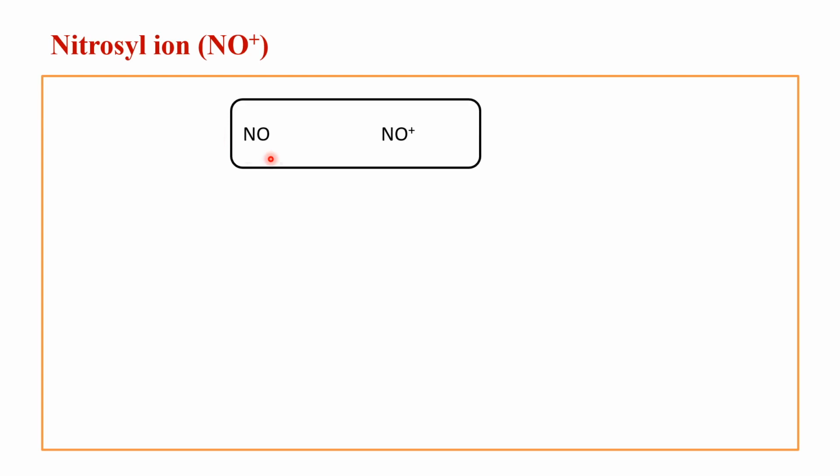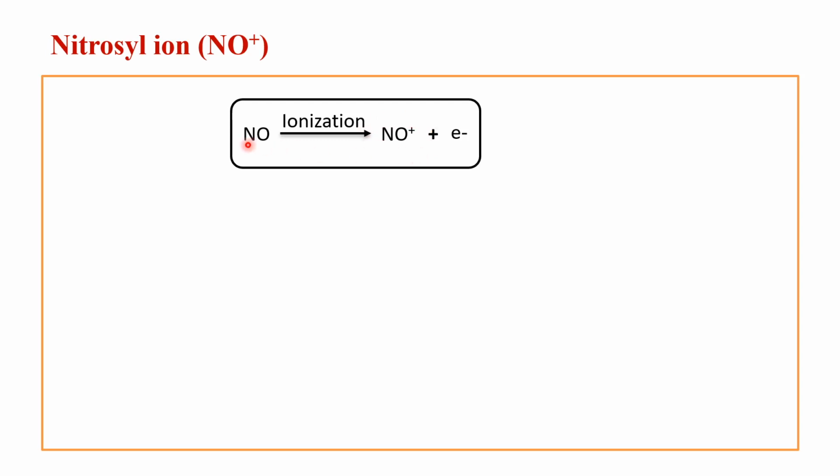Then we have the next one based upon the NO molecule, that is the nitrosyl ion, which is the NO plus ion. So how is this nitrosyl ion, the NO plus ion, formed from the NO molecule? In the process of ionization, this NO molecule loses one electron and is converted into NO plus, the nitrosyl ion.